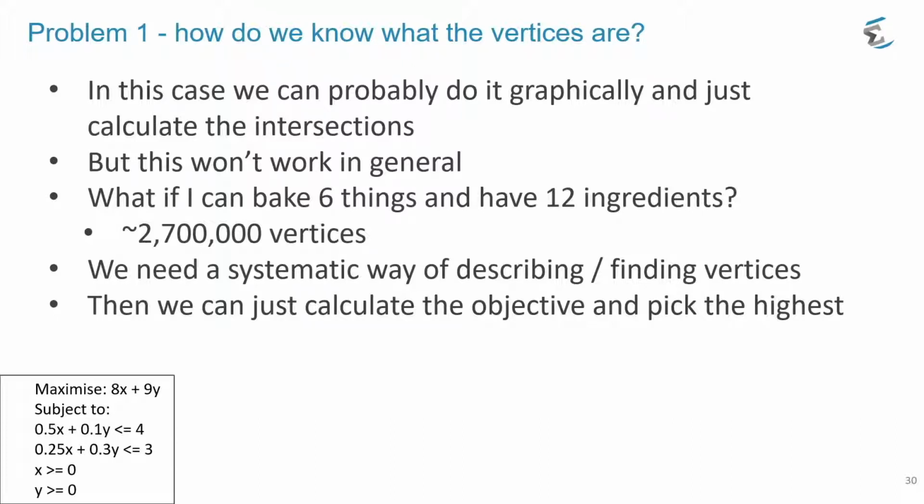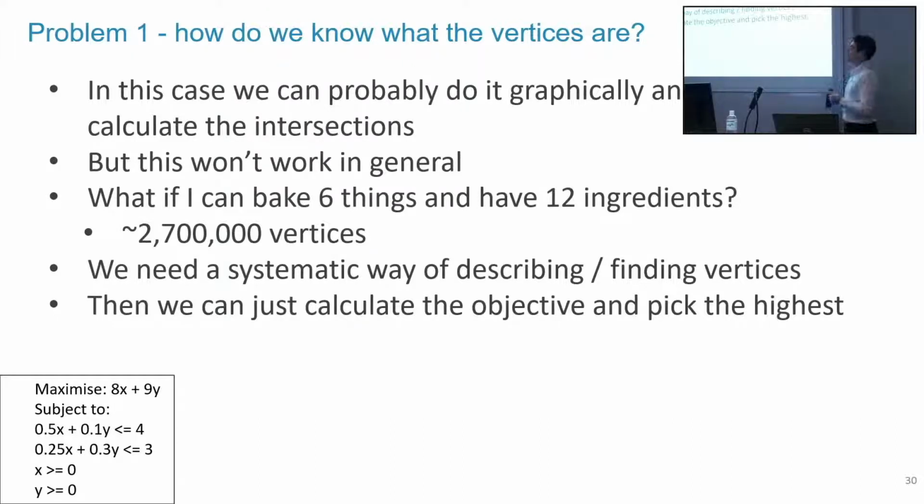But the goodness of that approach dies very quickly. If I had a cake stand with 6 products and 12 ingredients, I would have 2.7 million vertices. So you just get decimated instantly as soon as you step away from 2 or 3 variables and 2 or 3 constraints. But we know to solve the problem, we just need some way of finding and describing vertices, and we'll be okay.